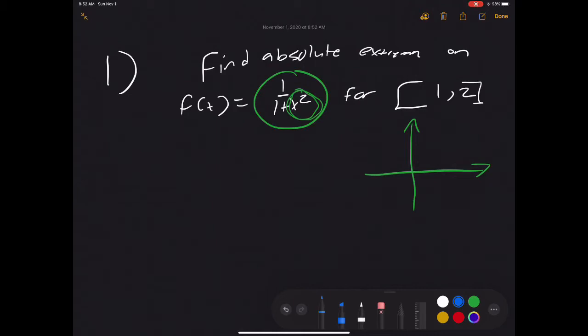It's simply 1. Any positive values are going to give me the same thing as negative values because that square is going to cancel them out, and it's going to make the function smaller, and it's going to approach 0. So we have a function that looks like this.